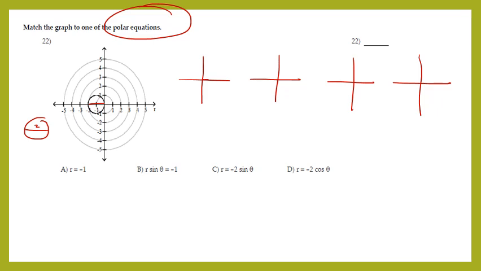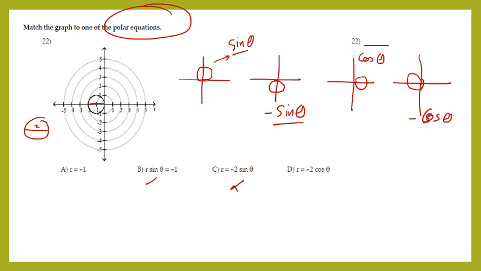A circle drawn up or a circle drawn down, a circle to the right or a circle to the left. If it's drawn up, the coefficient of the sine of the angle is positive. If it's drawn down, the coefficient of the sine is negative. Drawn to the right, it's positive cosine. Drawn to the left, it's negative cosine of the angle. So I am sure that it's not sine.